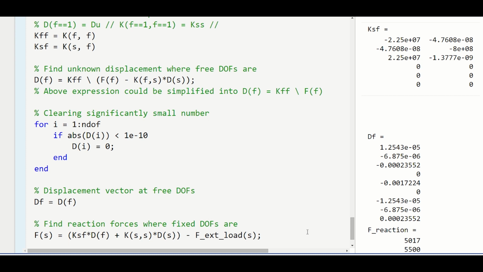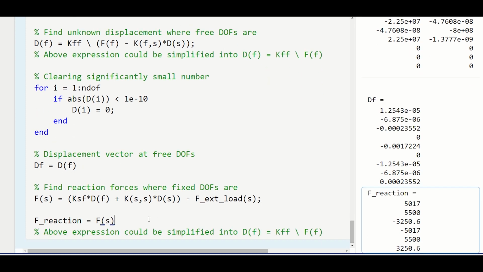So now I can use the FEXT load vector. So after this stage, your F vector and your FEXT load vector are going to look different. So then I'll call it F reaction. Then it comes out, your 10, 11, 12, 13, 14, 15 degrees of freedom reaction forces look like this. If you do the balance check, you will see the reaction forces and your external loadings are equivalent to each other.